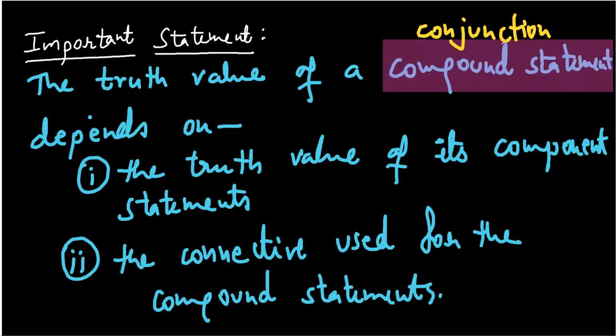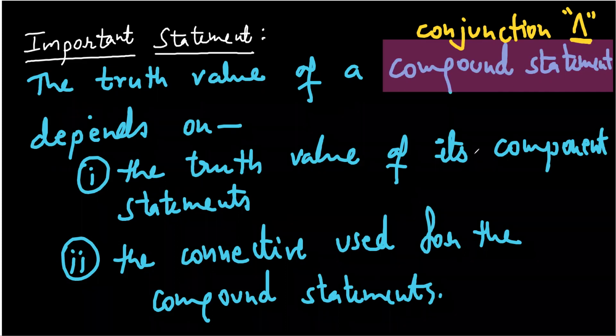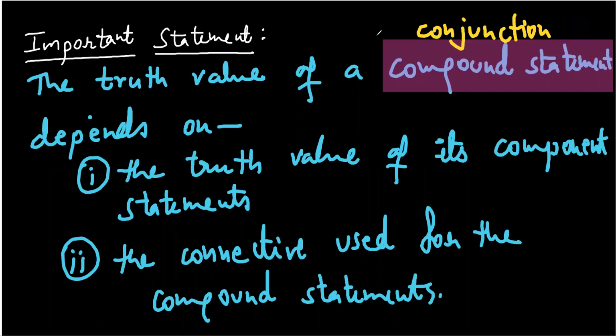So the connective is this. This connective will decide, along with the truth values of P and Q, what will be the truth value of that compound statement. That's what we saw in all the truth tables. This is a very important statement which you will all understand and learn.